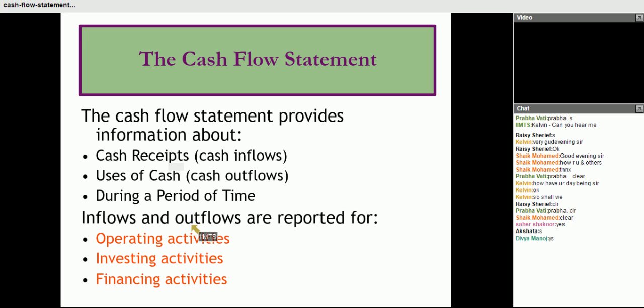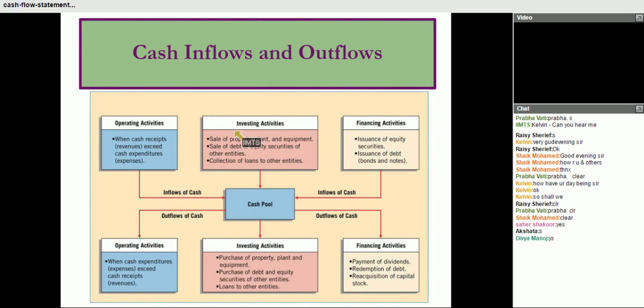So inflows and outflows are reported for these three types of activities: operating activity, investing activity, and financing activity. You can see this chart of cash inflow and cash outflow. Now this is the cash pool. Let's start with financing activities. Financing activities can be issuance of equity securities, issuance of debt, which can be in the form of bonds and notes.